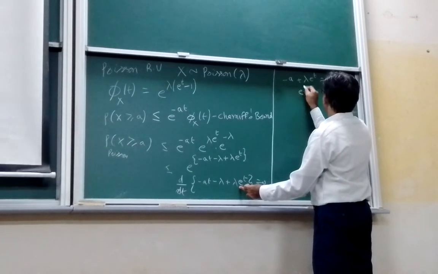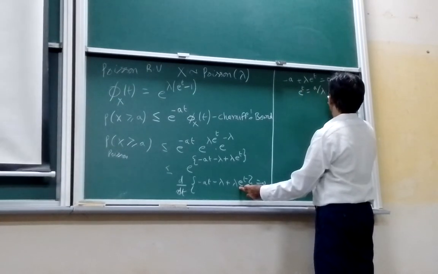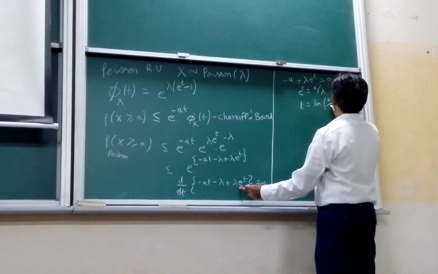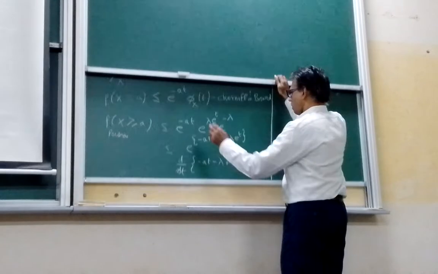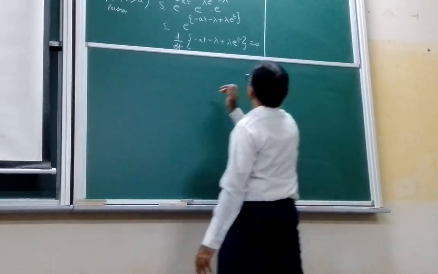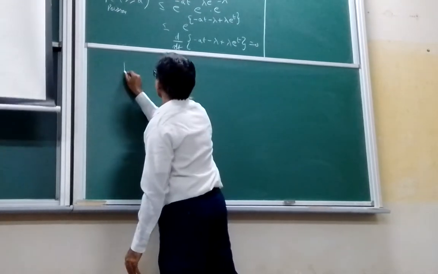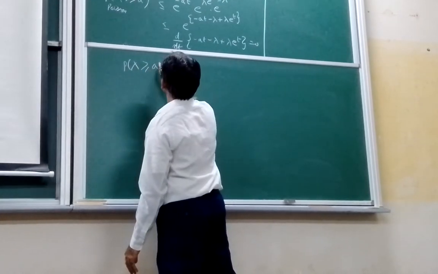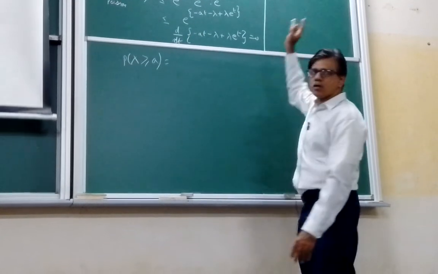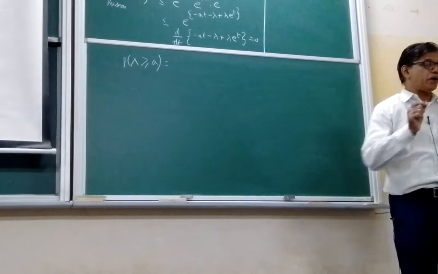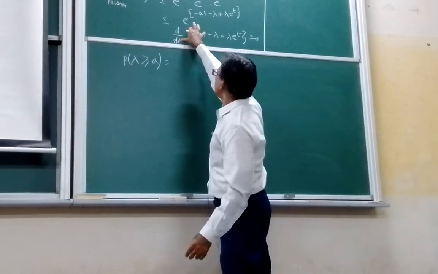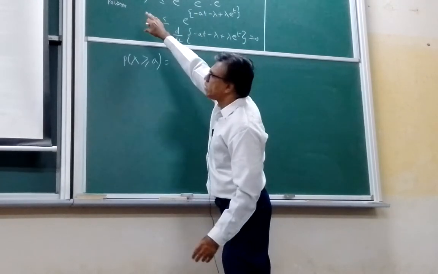So e power of t is equal to a by lambda, t is equal to ln of a by lambda. We will substitute it. At t equal to ln of a by lambda, the exponent gets minimized, and that is when you will get the smallest value, and that is when you will get the tighter bound.